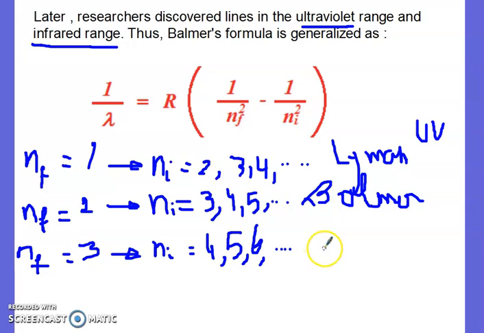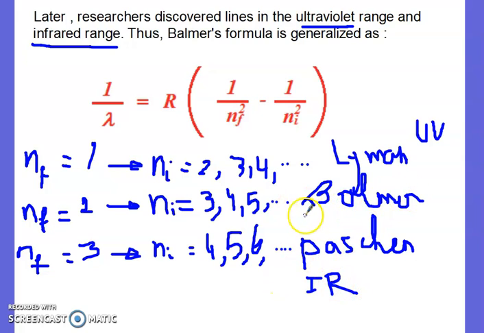Then we obtain what we call the Paschen series. But this Paschen series lies in the infrared range or in the microwave range, meaning also not visible. So only in Balmer we have a visible part and an ultraviolet part.